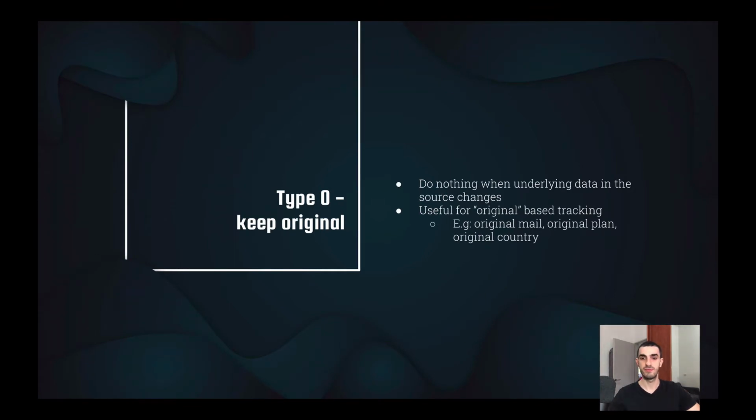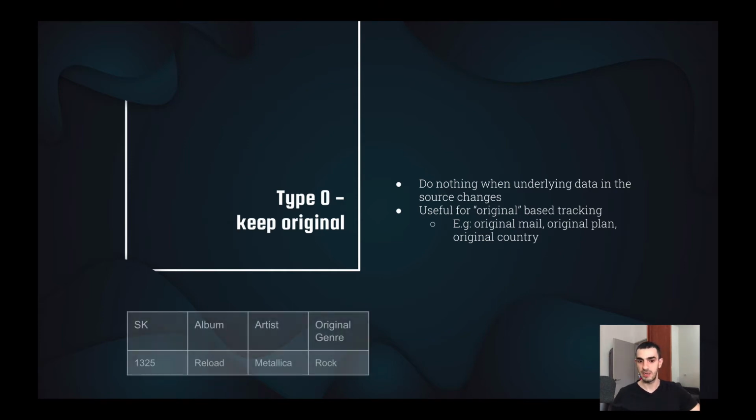So type 0, keep original. In this case, we just do nothing when the underlying data is changing. Let's say we have a dimension and the operational database changed some value on this dimension. We don't change it in the data warehouse, we just keep the original.